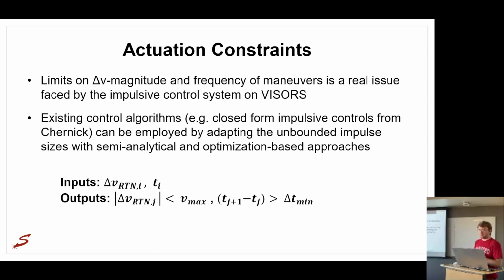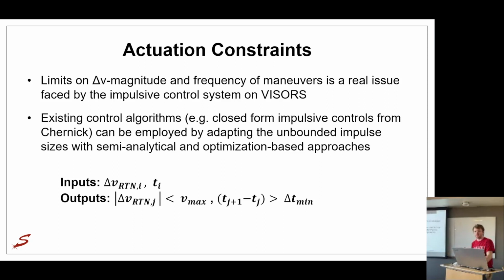That is a pretty severe limitation in the large relative state reconfigurations we have to do to get from our very safe standby mode, which the spacecraft will be in when they're not taking observations, to our science mode. In the standby mode, we have nominal separations of hundreds of meters, but in the science mode, we are in the tens of meters range.